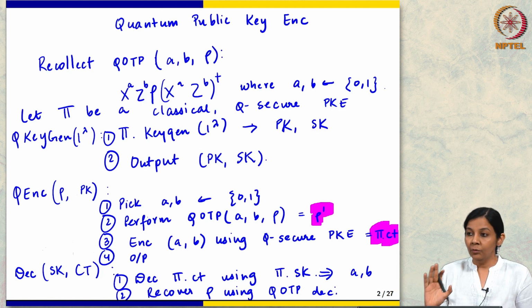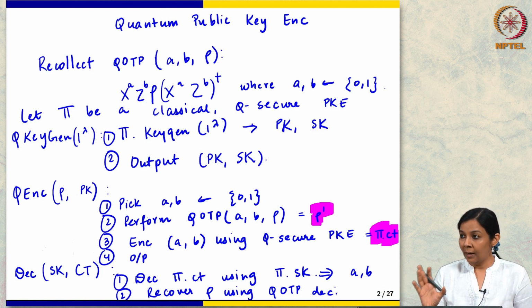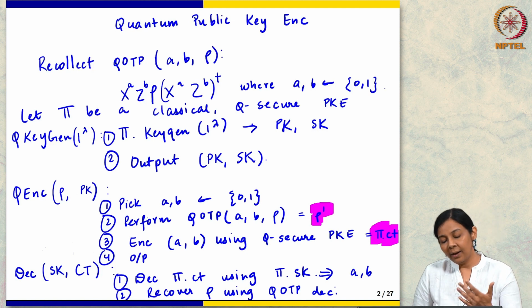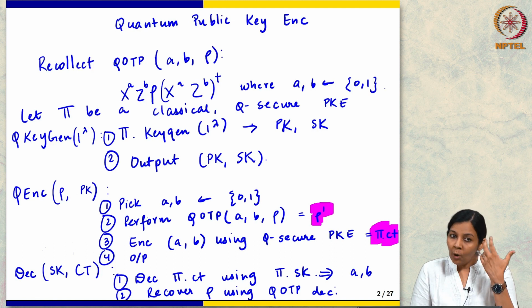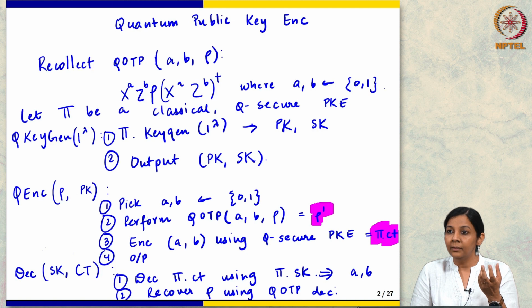We have just used two very simple building blocks: the quantum one time pad which we talked about last time, and quantum secure classical PKE. It is very natural if you think about it. We already have a classical PKE which we conjecture is quantum secure.